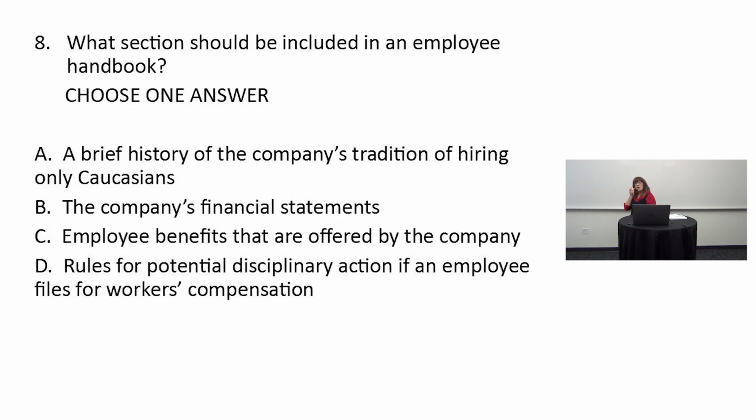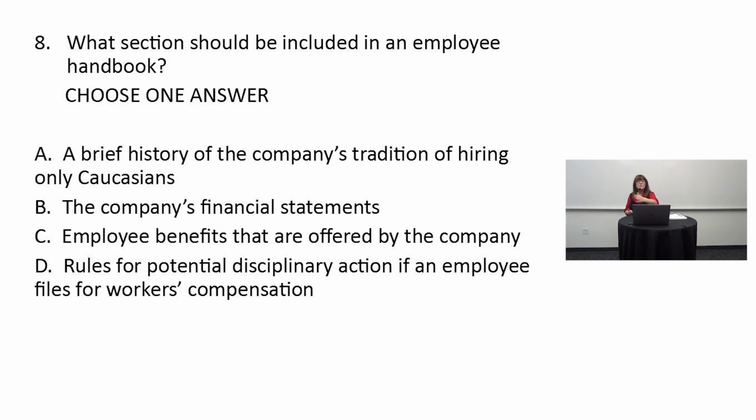Number 8, what section should be included in an employee handbook? There's that handbook. Doesn't come up till about year 10. A, a brief history of the company's tradition of hiring only Caucasians. B, the company's financial statements. C, employee benefits that are offered by the company.